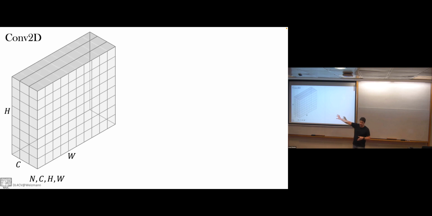Think of having many of these, and altogether I call this a 4th order tensor: N is the batch size, C the channels, then height and width. The only thing you're not seeing in the illustration is that there are N of these. So far, so good? Is N the number of batches or the size of each batch? No, the size of the batch.